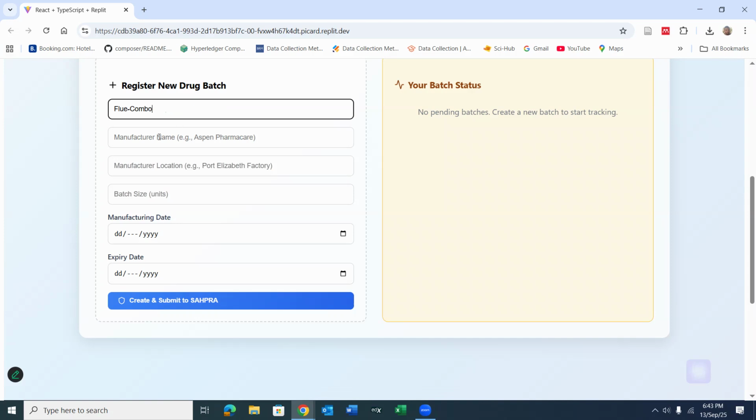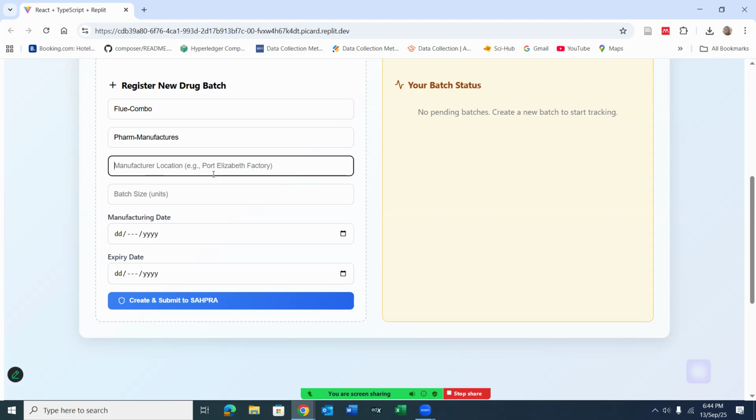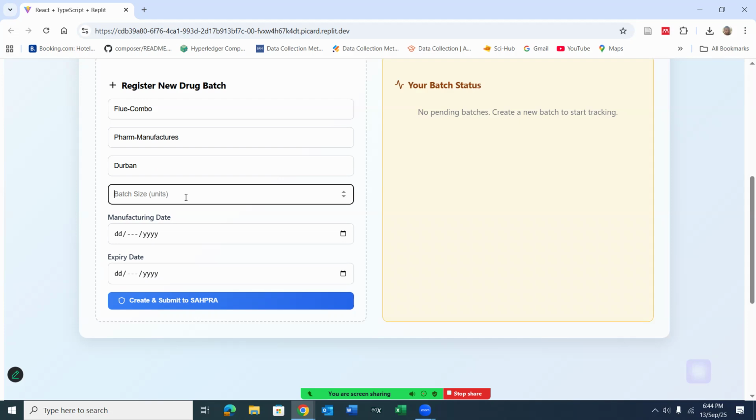Then the manufacturer, let's call it the Pharmaceutical Manufacturers. And then the location, let's say we are sitting at Durban, in KZN. Batch size, let's create 10,000.